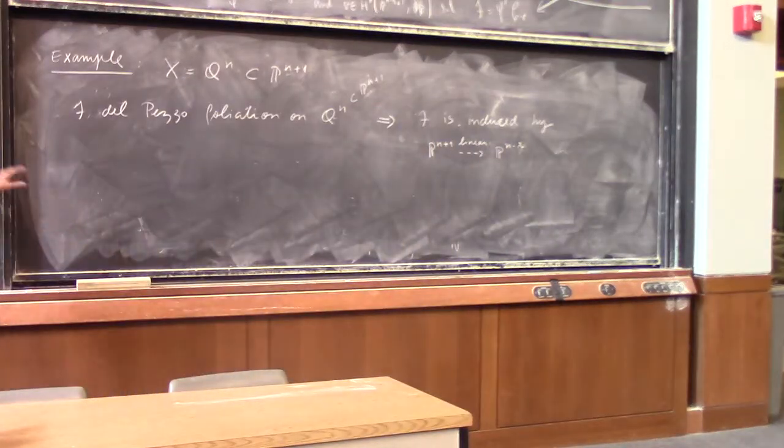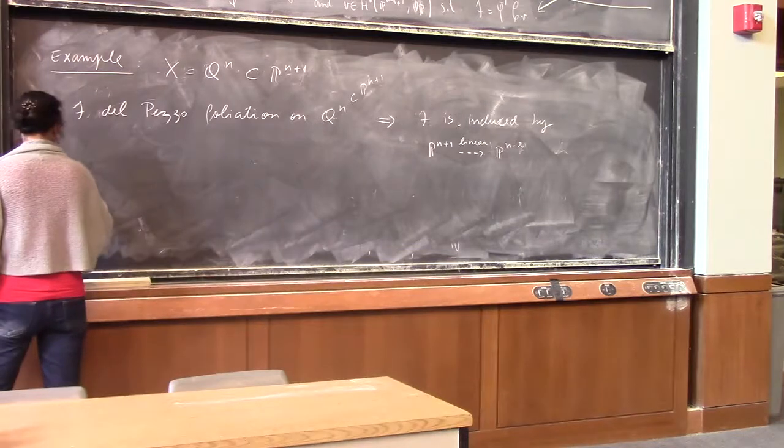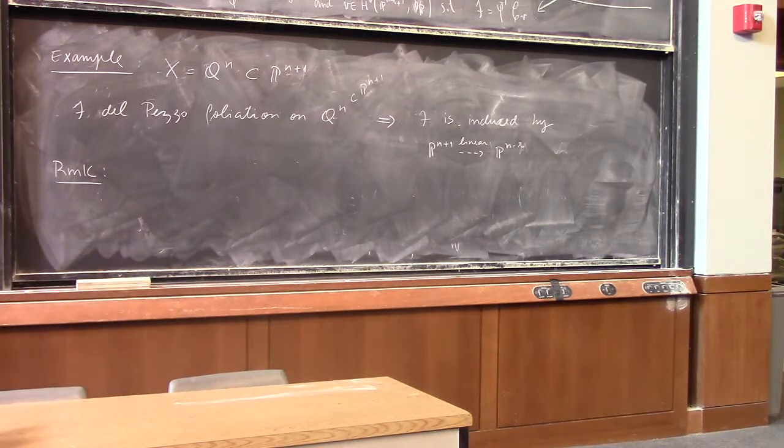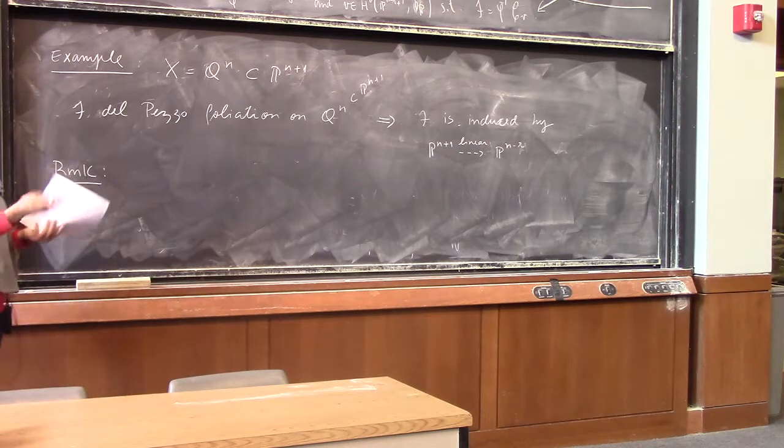Then you can ask, what about cubic hypersurfaces or higher degree hypersurfaces? Let me make a remark here. If the degree of the hypersurface is small, you can still find foliations, but the larger the degree, the smaller the index is going to be.